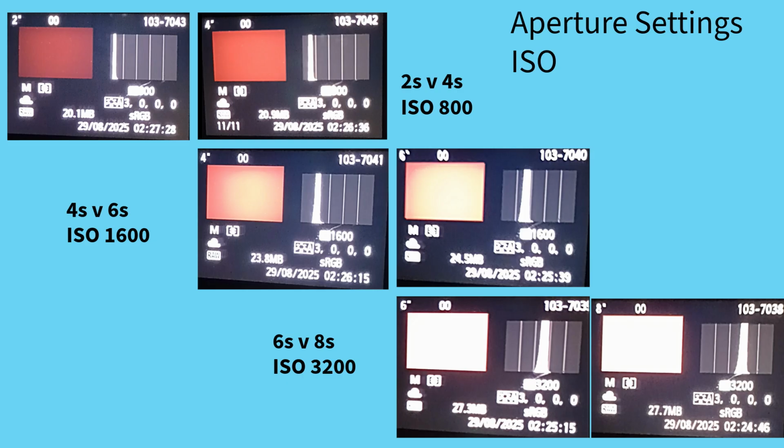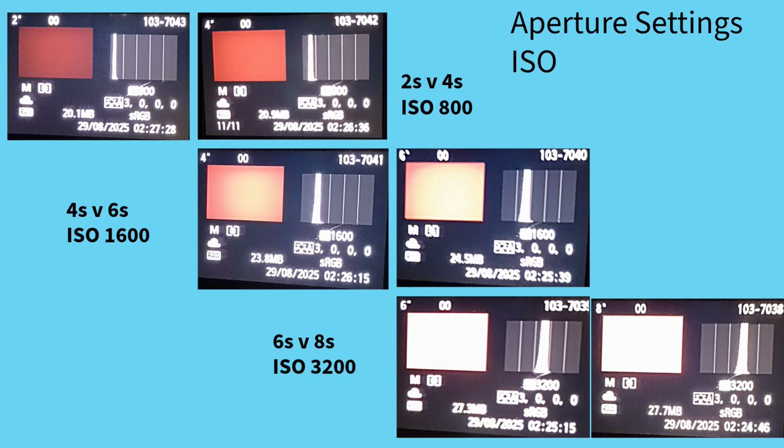The image is brighter and the histogram moves to the right again. I then tried 6 seconds and this moved the histogram once more. As we said though, if your stars are trailing, you'll have to drop the exposure time. But if not, you can increase it again.